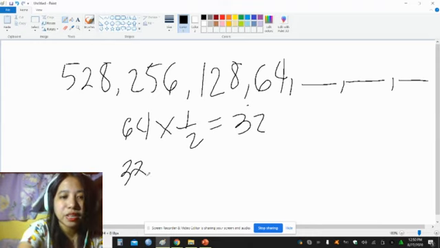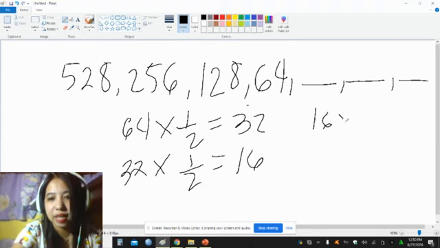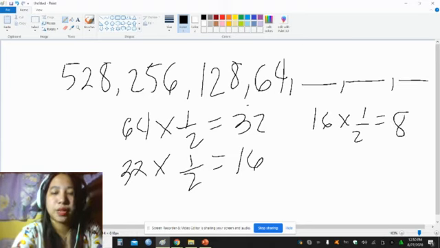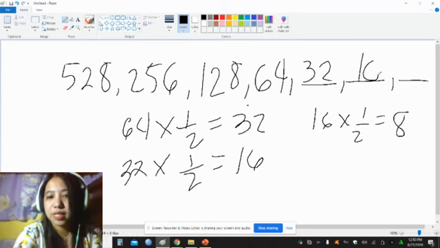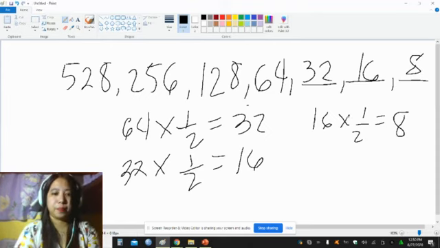Then 32 times 1 half is equal to 16, and 16 times 1 half is equal to 8. So the next three terms are 32, 16, and 8.